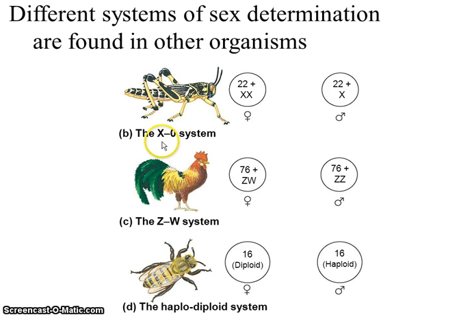So there you have the XO, so there's no Y chromosome, there's just XX, and X nothing. ZW, so there's ZZ for the male, ZW for the female, or for little B here, diploid for female, haploid for male.